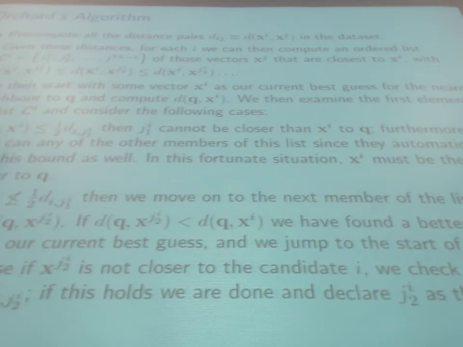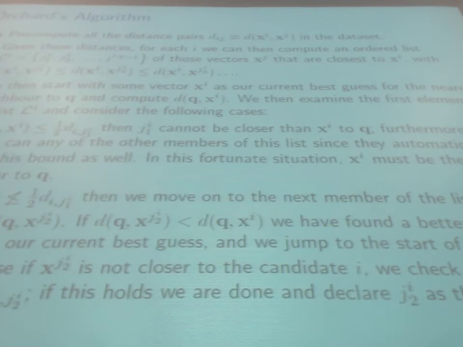The first index in the list is the other training point which is closest to xi, and the second one on the list is the next closest training point to xi, etc. So we rank them, we order them by closeness to xi. Each data point will have a corresponding list of its closest data points. Again, this is a one-off pre-computation, and we store these lists and the corresponding distances.